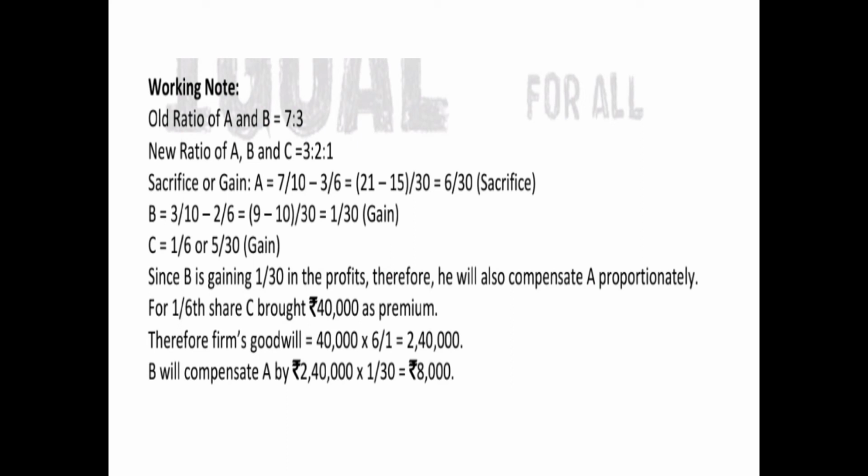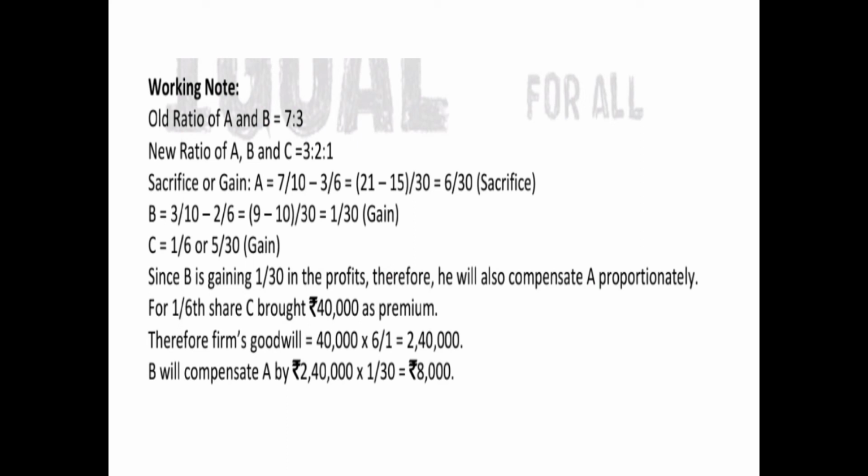So that means here A is the only partner who is sacrificing, and his sacrificing share is 6/30, or if we simplify, it comes to 1/5. That means only A will be getting the premium for goodwill brought in by C, and the entry for distributing premium for goodwill will be premium for goodwill account debited to A's capital account.